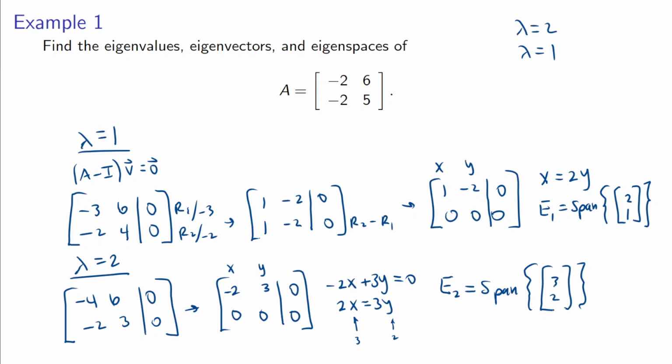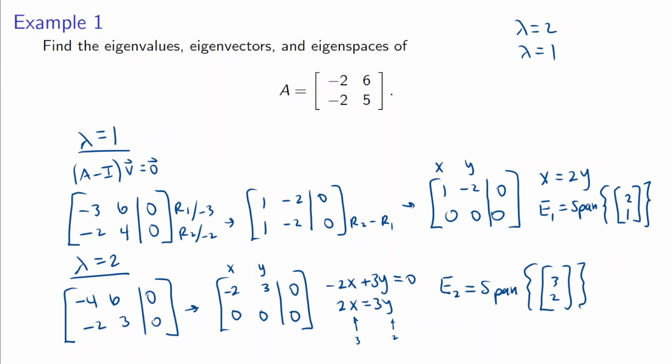So a nice example here where each of these eigenvalues has a corresponding eigenspace, and each of those eigenspaces consists of the span of just a single vector. A single vector is going to span a space, and of course that set will just be linearly independent. As we move forward, we're going to be thinking about bases for these eigenspaces.